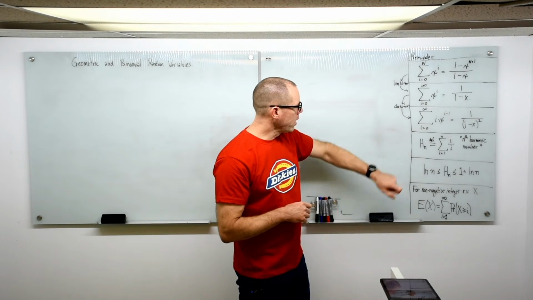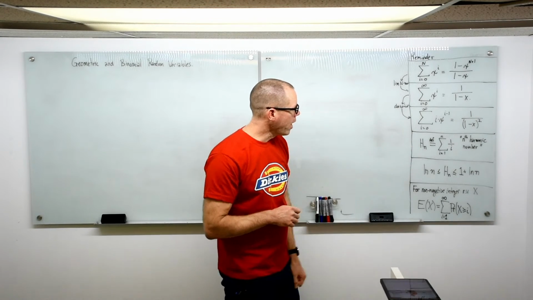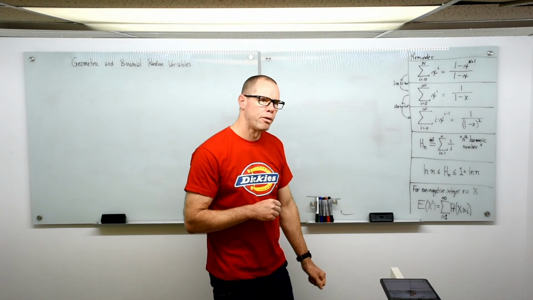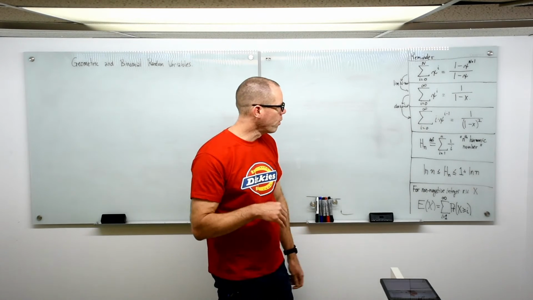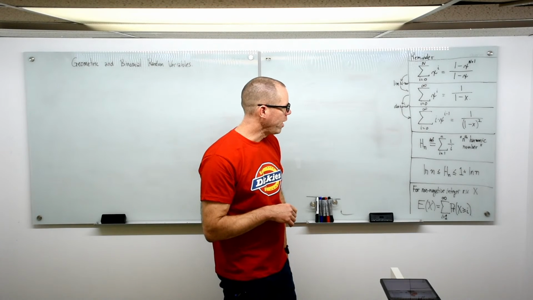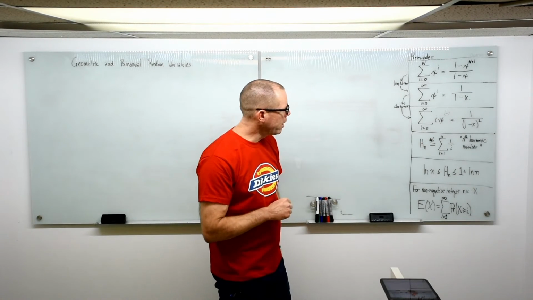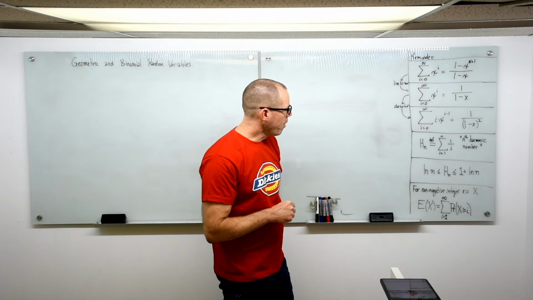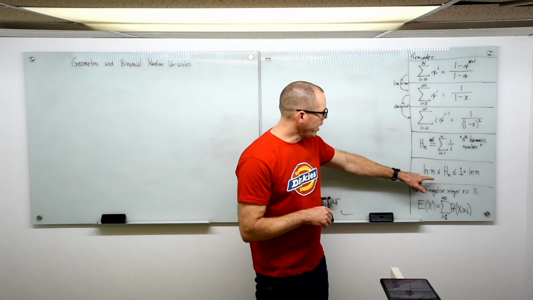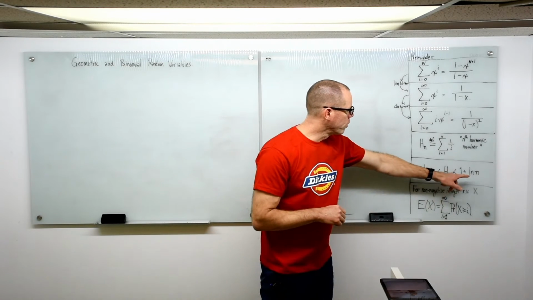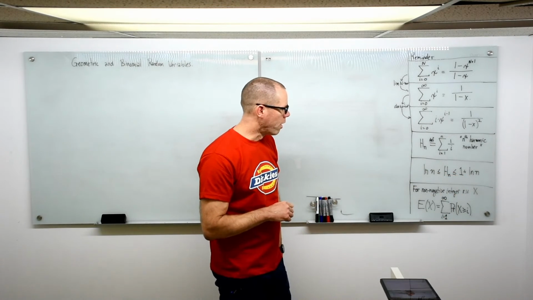We've also seen the nth harmonic number. That'll show up today. It's just the sum 1 plus a half plus a third plus a quarter plus an eighth and so on, all the way up to 1 over n. We can't take this one to infinity because that sum is bigger than ln n, and it's less than or equal to 1 plus ln n.